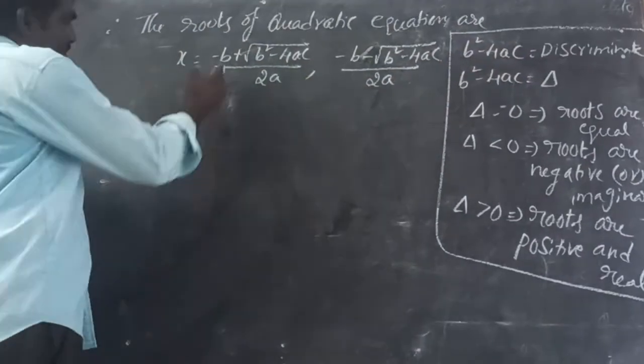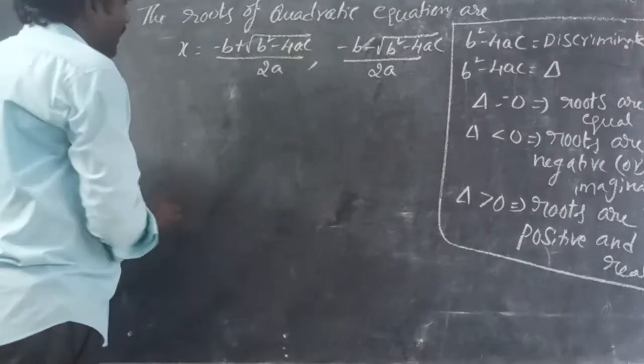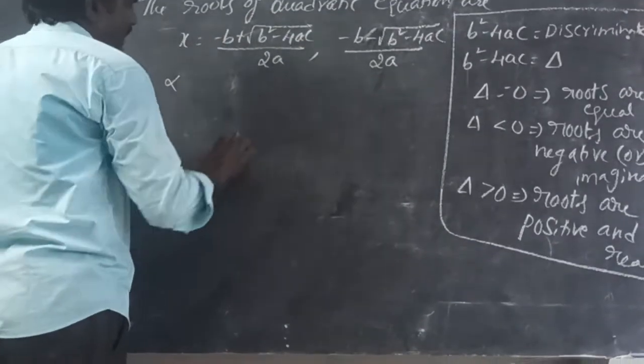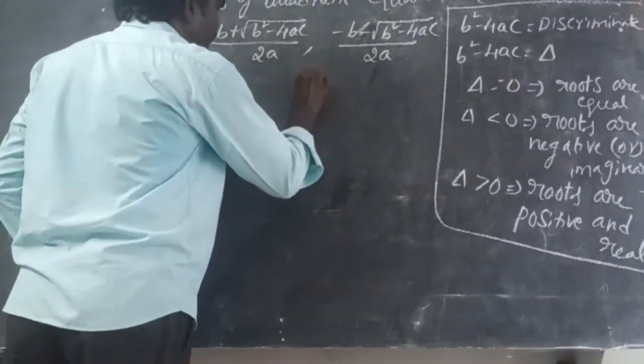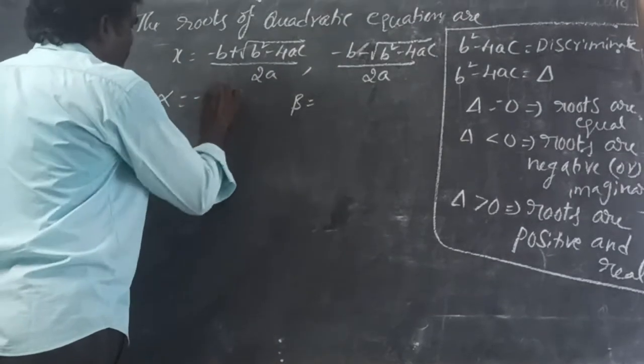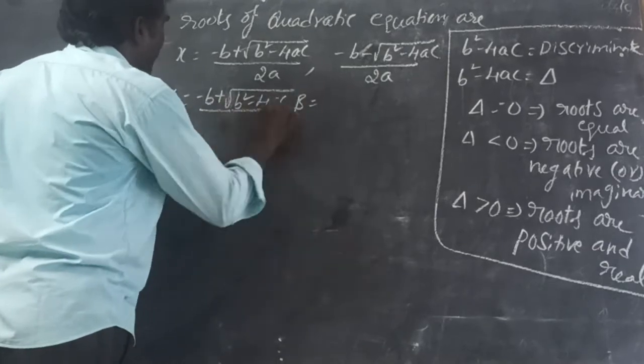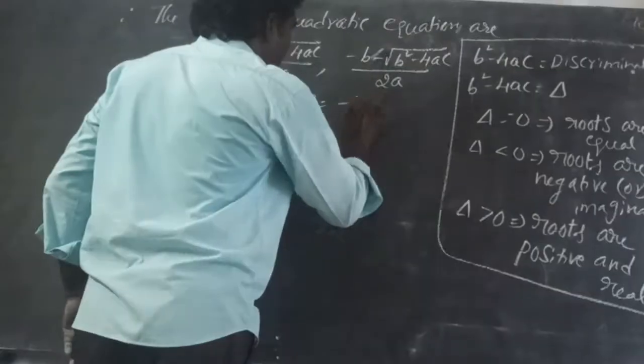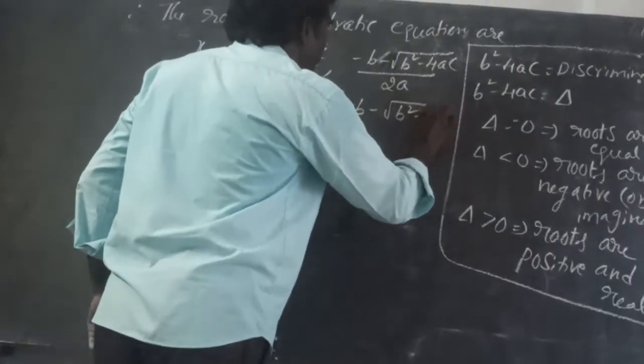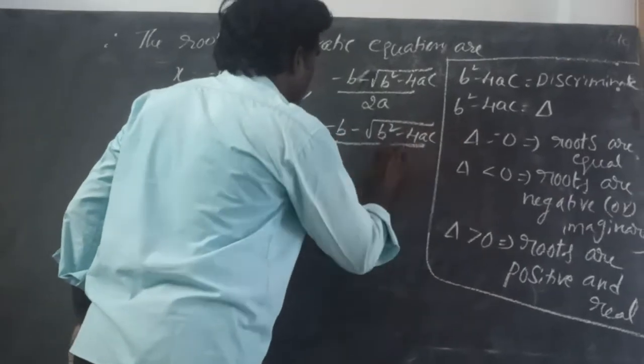So let us take the roots of the quadratic equation. One root is alpha, another one is beta. Alpha is minus b plus square root of b square minus 4ac by 2a. Beta is minus b minus square root of b square minus 4ac by 2a.